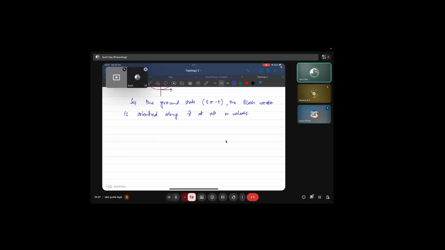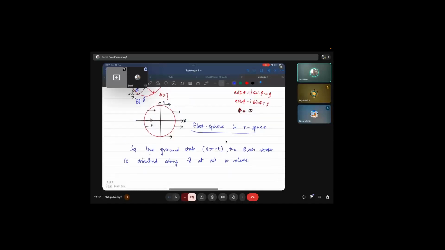So at all k values, crystal momentum values, your ground state wave function is along the x-axis.